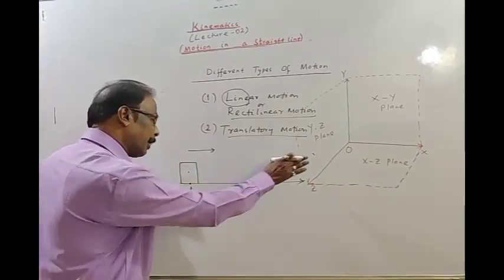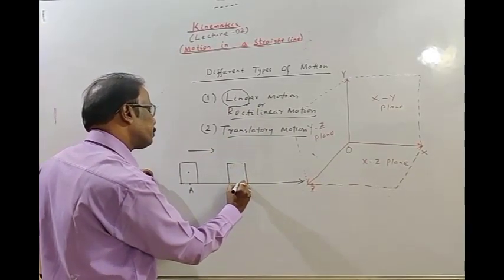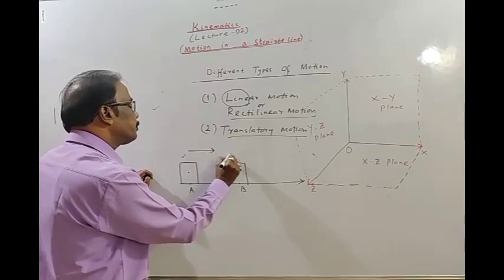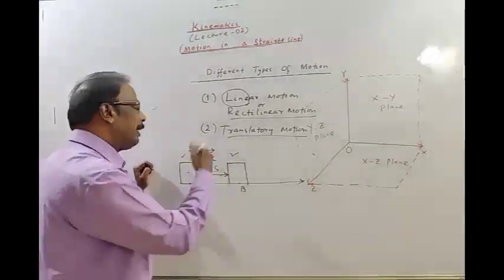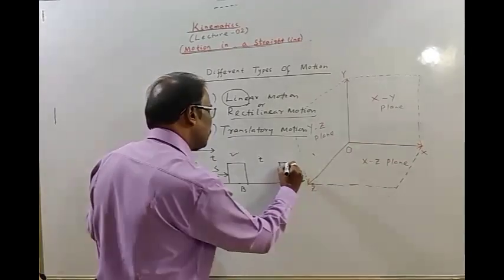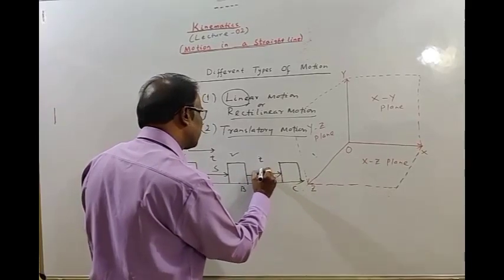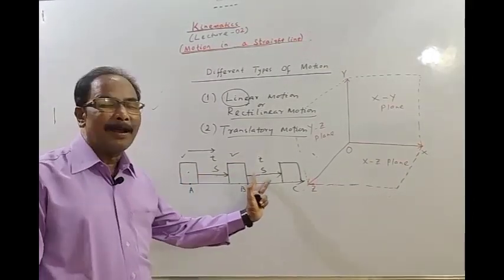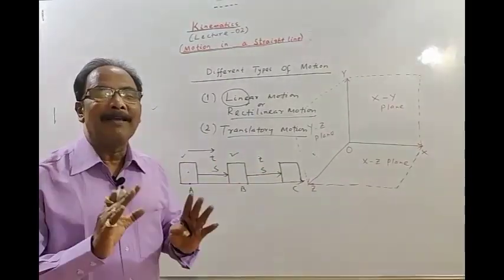It moves along the x-axis and reaches another position, let this position be B. Let the time taken by the body to move from A to B be T, and the distance covered be S. In the next interval of time T, if the body reaches position C, then the body has also covered the same distance S. If a body covers equal distances S and S in equal intervals of time T and T, then the body is said to be in translatory motion.